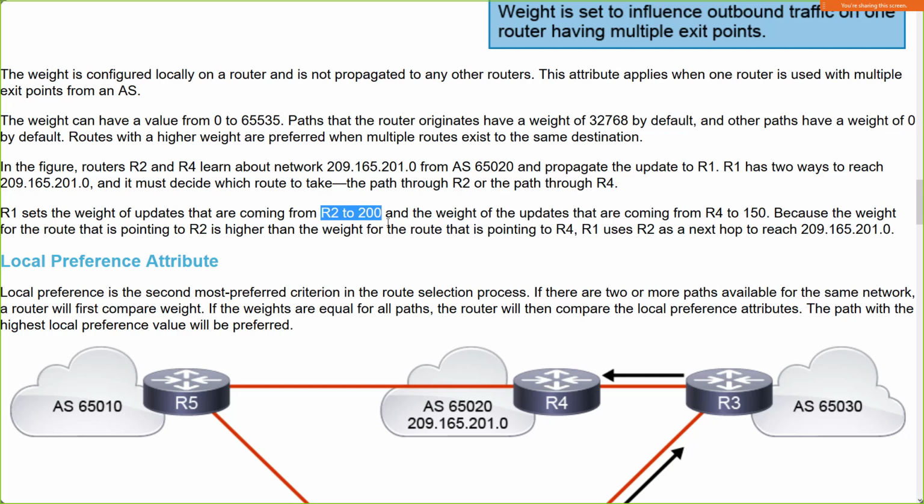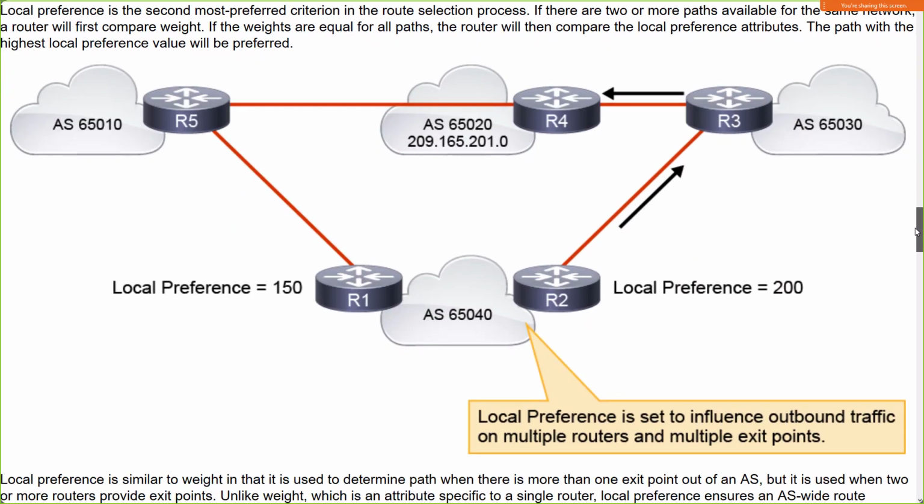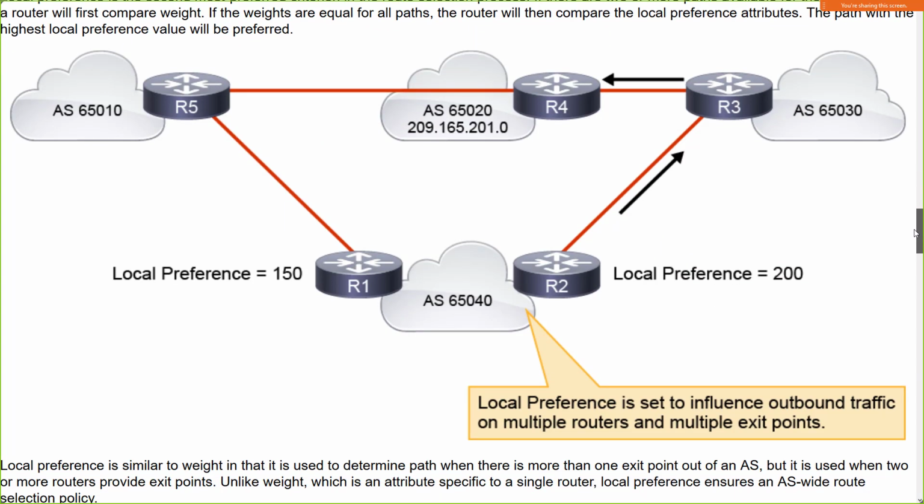Local preference. As I mentioned, this is a way for us to influence how other routers inside the autonomous system decide to leave the AS. So we have two routers that are connected to an AS. Router 1 has a local preference of 150. Router 2 has a local preference of 200. So all the routers inside of 65040 will choose to go to router 2 for whatever particular prefix we've set, right?